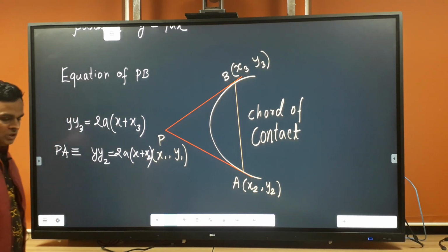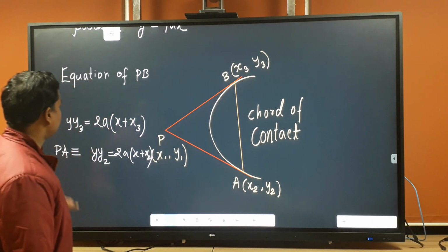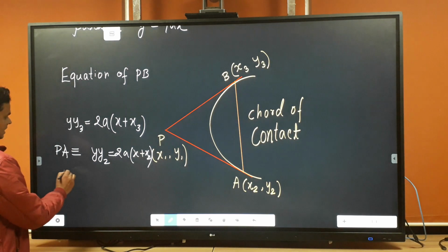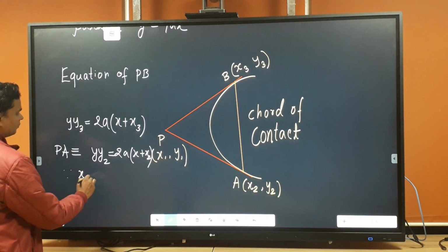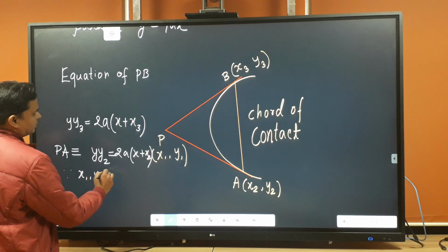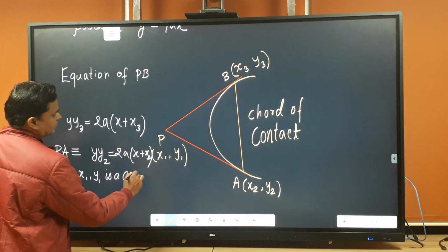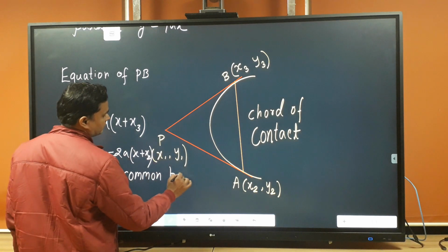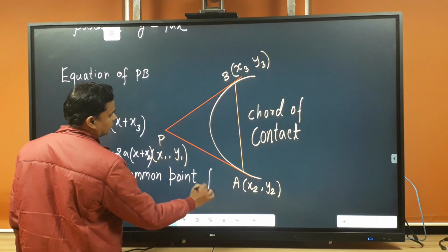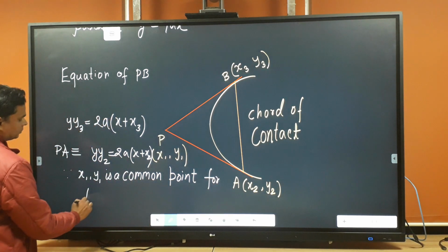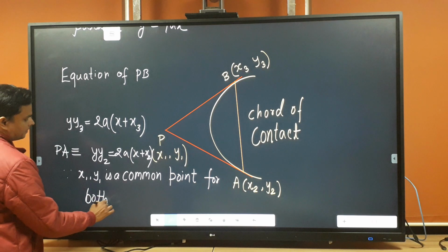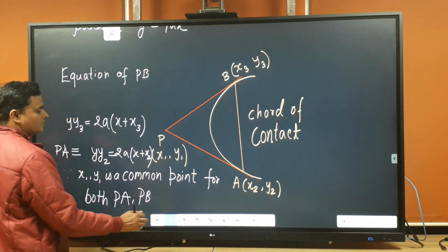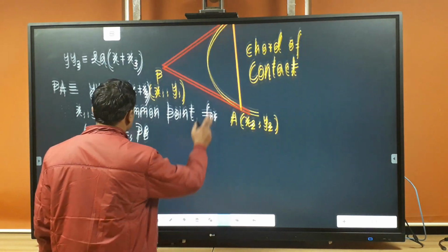So if we substitute the value of x1 y1 in place of x and y, the equations should hold, since x1 y1 is a common point for both PA and PB. That means the point must satisfy both equations.